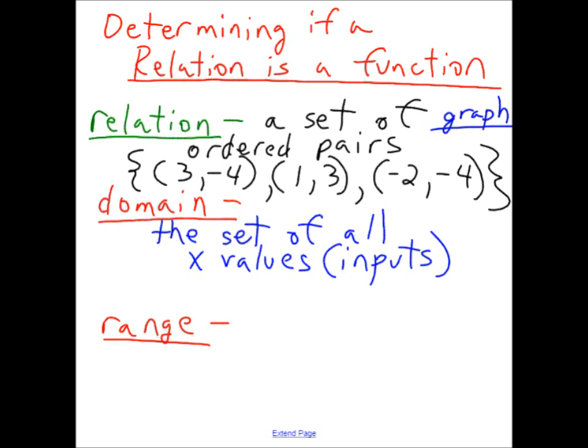So if we take the 3 ordered pairs we wrote above, the domain would be 3, 1, and -2 because those are our x values. Sometimes you might see the domain values written in ascending order from smallest to largest, but that's not really that important. The most important thing for you to understand is that the domain are your x values or your inputs.